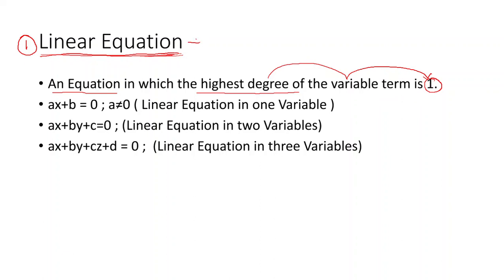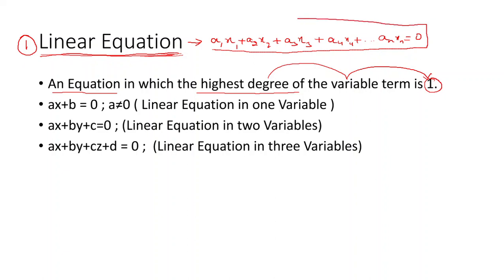We can represent this linear equation in the form a1x1 plus a2x2 plus a3x3 plus a4x4 and so on, plus anxn is equal to 0. This is the form of a linear equation.